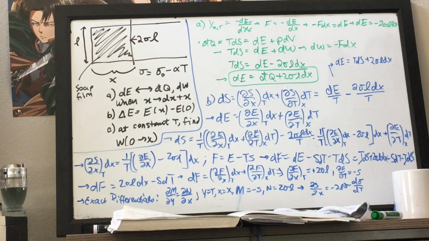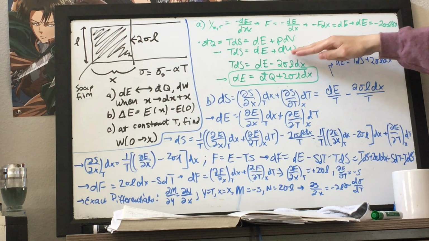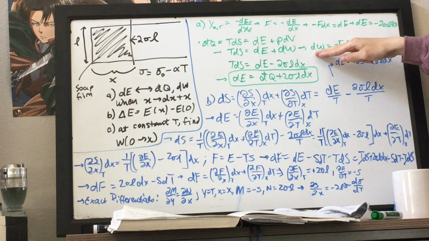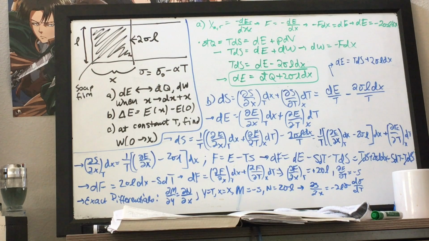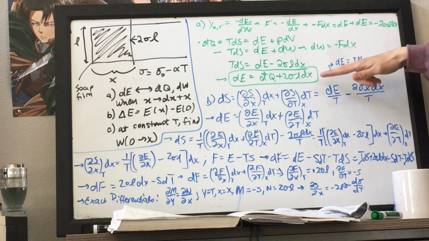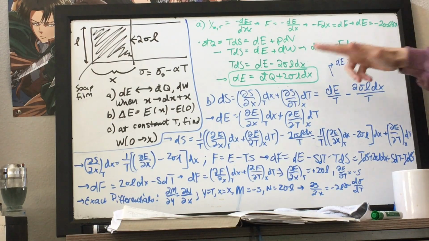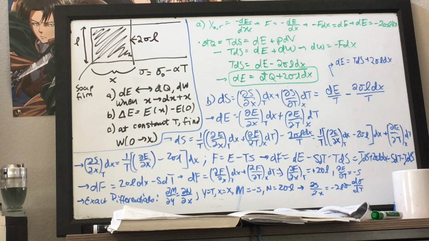So we know that this term is equal to the work, and negative F dx is equal to the change in work. We just plug that into our solution, and then we can get our expression for the change in energy in terms of our inexact differential and the surface tension term.